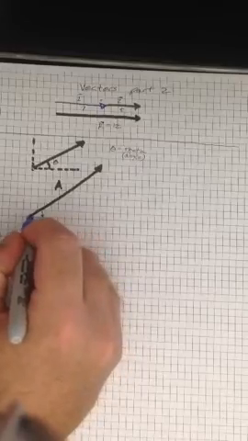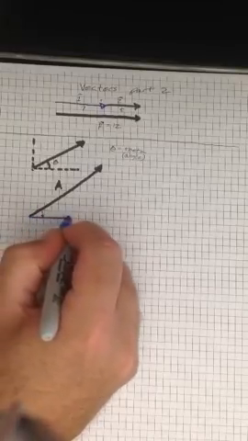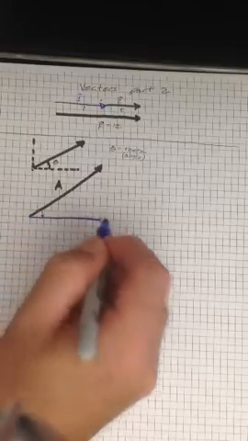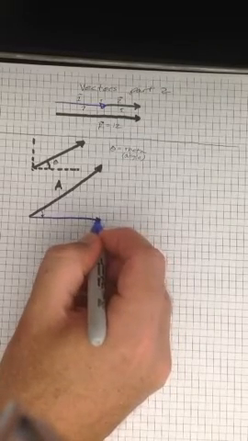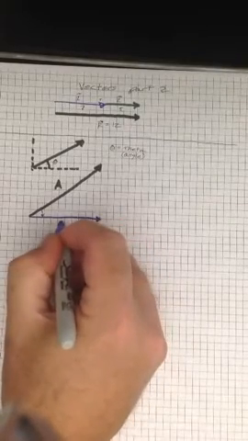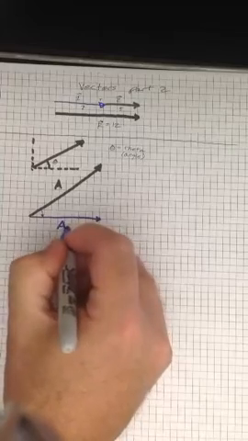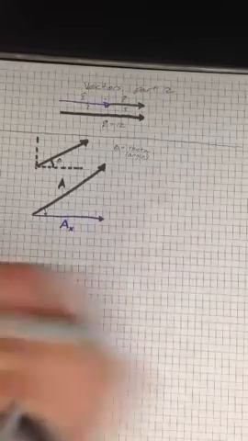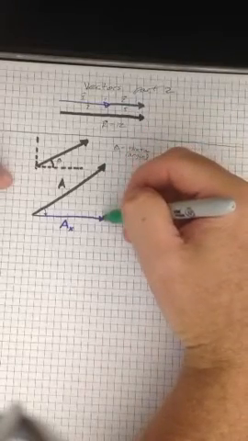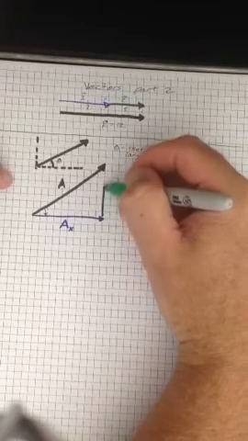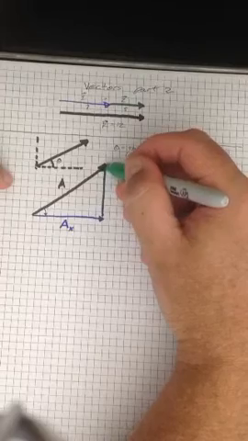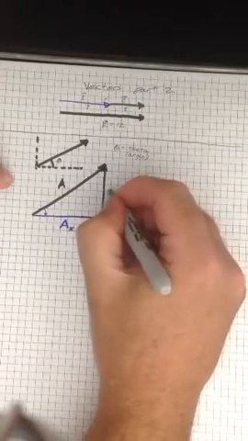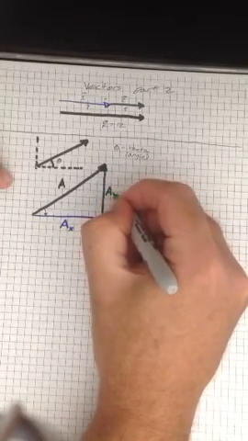And here is one part here, which is this one that goes along the x-axis. And because it's along the x-axis, I'm going to call it A sub x. And then I'm going to break it into the y-axis, which is this one right there, and we're going to call this A sub y.